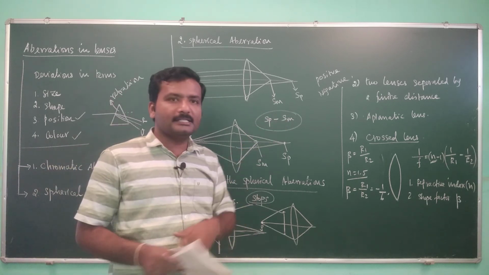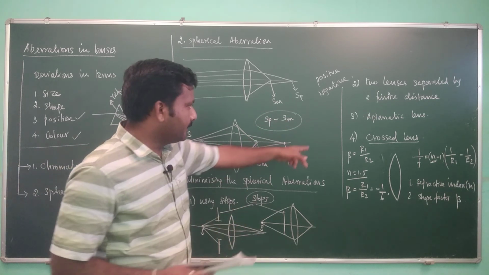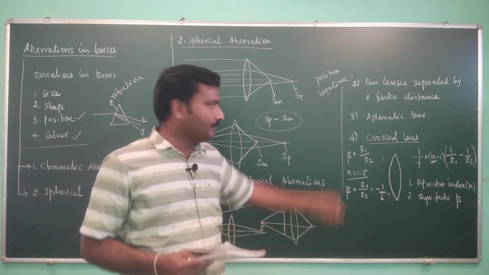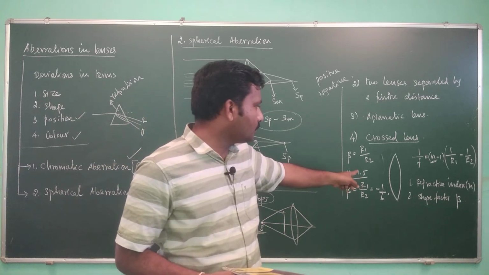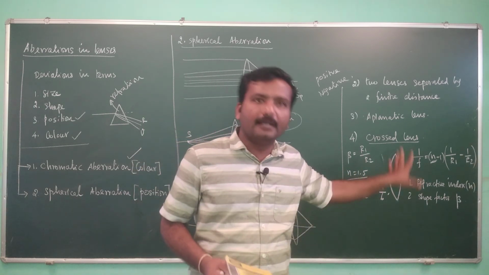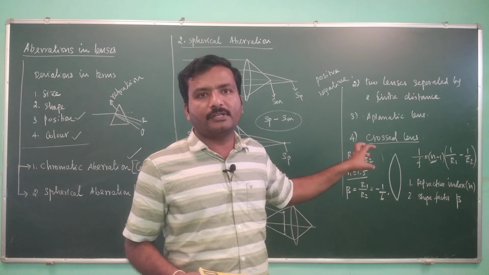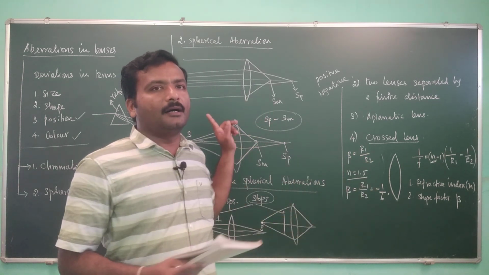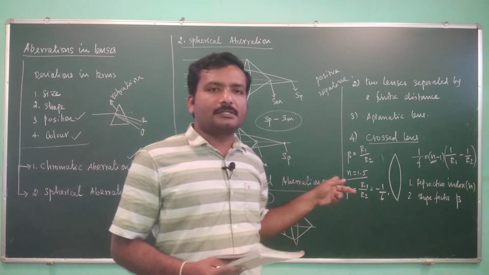The aplanatic lens we will discuss in the next lecture. And the fourth one, the crossed lens: if the refractive index is 1.5, then the shape factor should be minus 1 by 6. If a convex lens satisfies this condition, then it is said to be a crossed lens. Using crossed lenses, we can avoid spherical aberration.